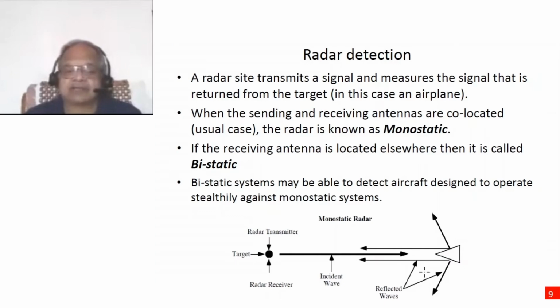So the reflected waves, the ones coming back to the transmitter, depending on the strength of the incoming waves, you can of course judge the size of the aircraft as well as how far it is. So all the idea of stealth or low observable design comes in to minimize this part of the reflected waves and maximize the part which is scattered away rather than in the direction from which it is coming.